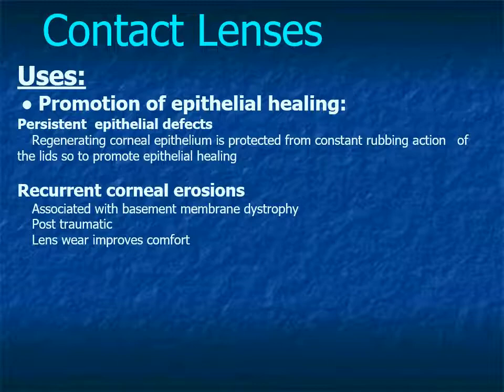Similarly, we can use the contact lenses in recurrent corneal erosions, particularly associated with basement membrane dystrophy or the post-traumatic corneal erosions. So the lens wear improves comfort of the patient and it promotes healing of the epithelium.